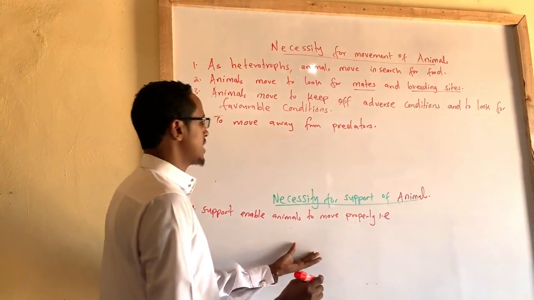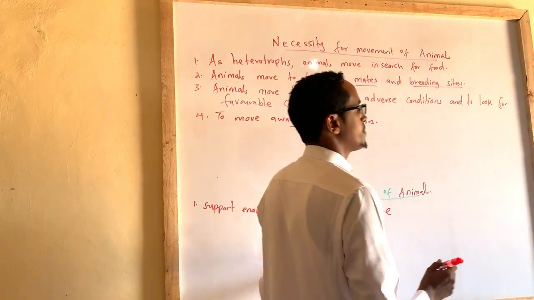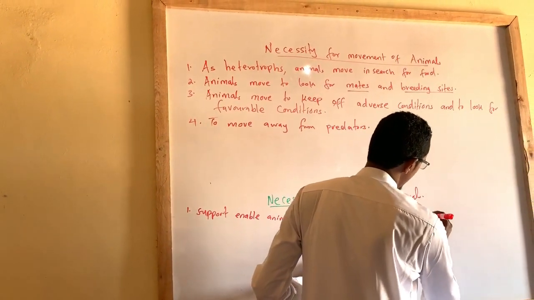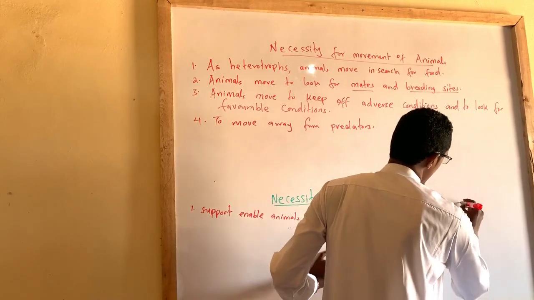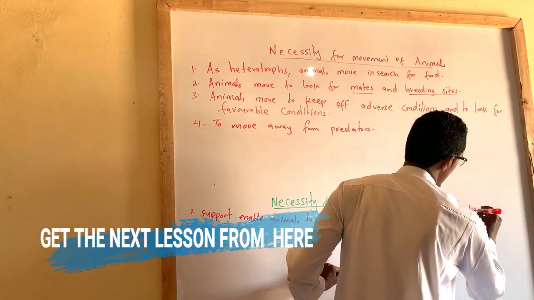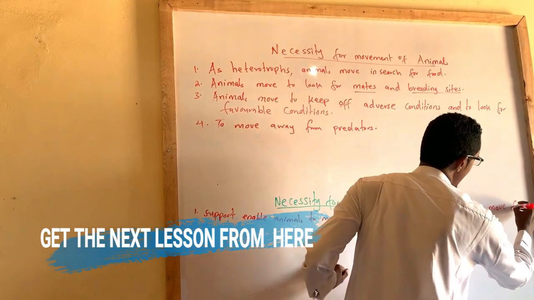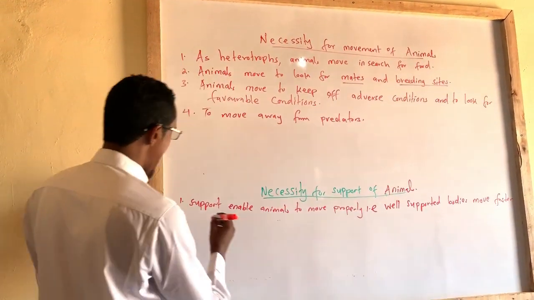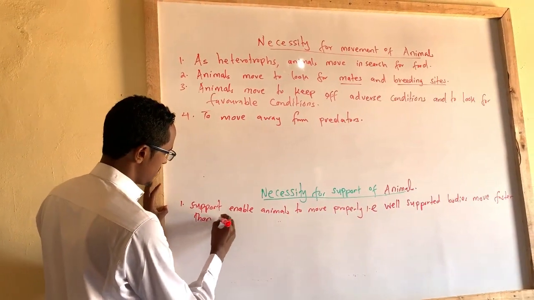Support enables animals to move properly. That is, well-supported bodies move faster. Bodies that are supported well move faster than poorly supported ones.